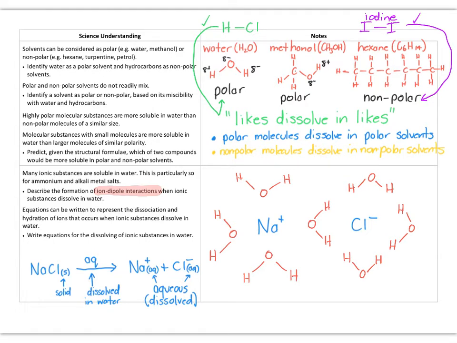Let me just change my colour palette back. The water's oxygens all have that negative charge because they've got a greater electronegativity. You're probably sick of me saying that by now. The hydrogens have less electronegativity, so they've got the slight positive charge. And you've probably also guessed where this is going now, but I'll continue on.